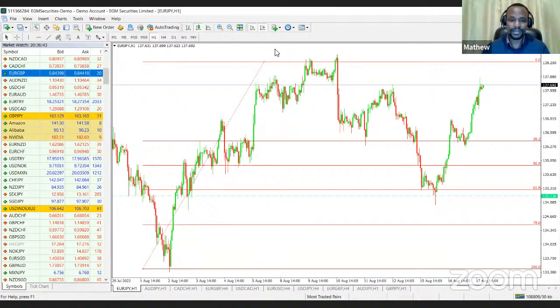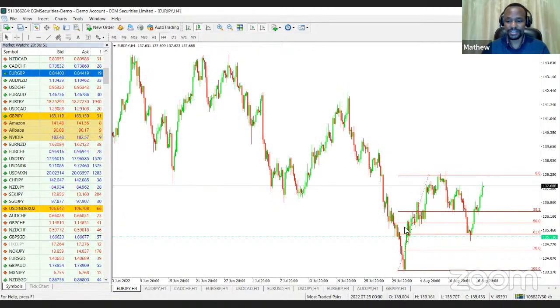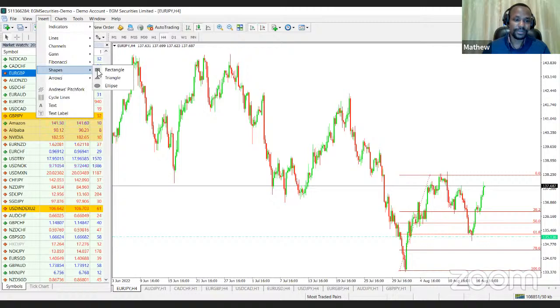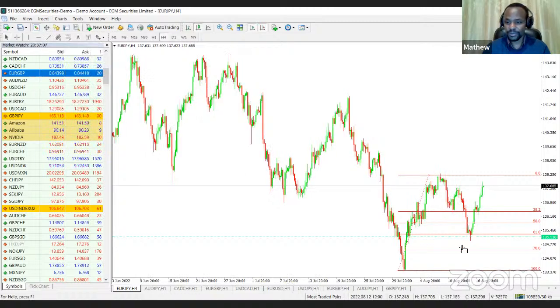So in this case, I'm looking at Euro Yen, and I've combined that pin bar strategy with a Fibonacci retracement, or a Fibonacci tool. Let me just use a rectangle to show you what I'm talking about.